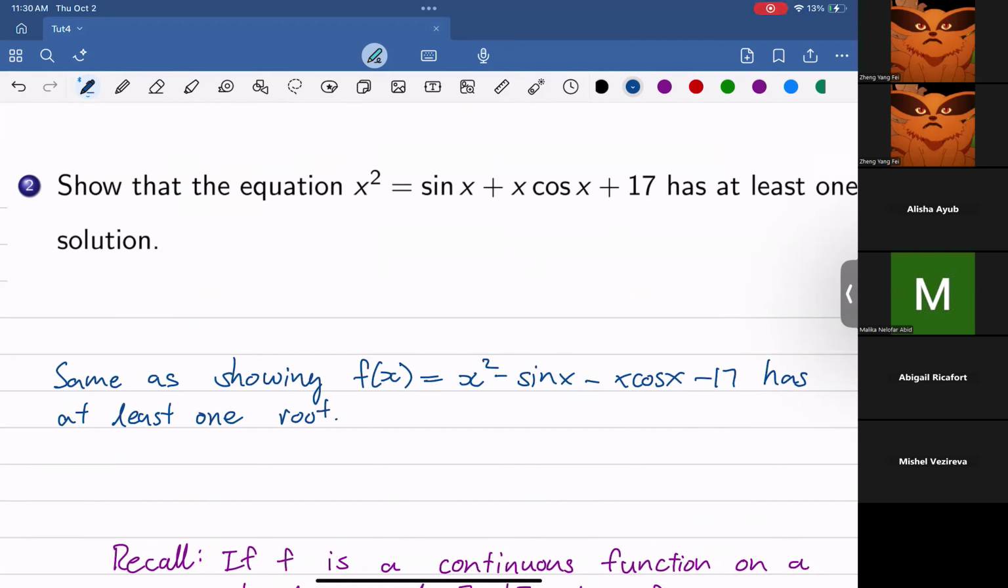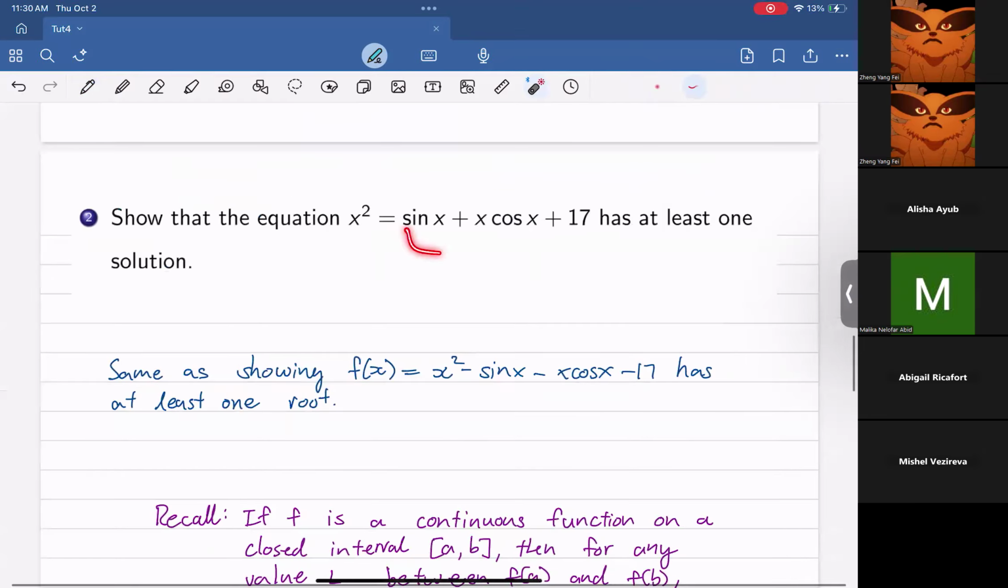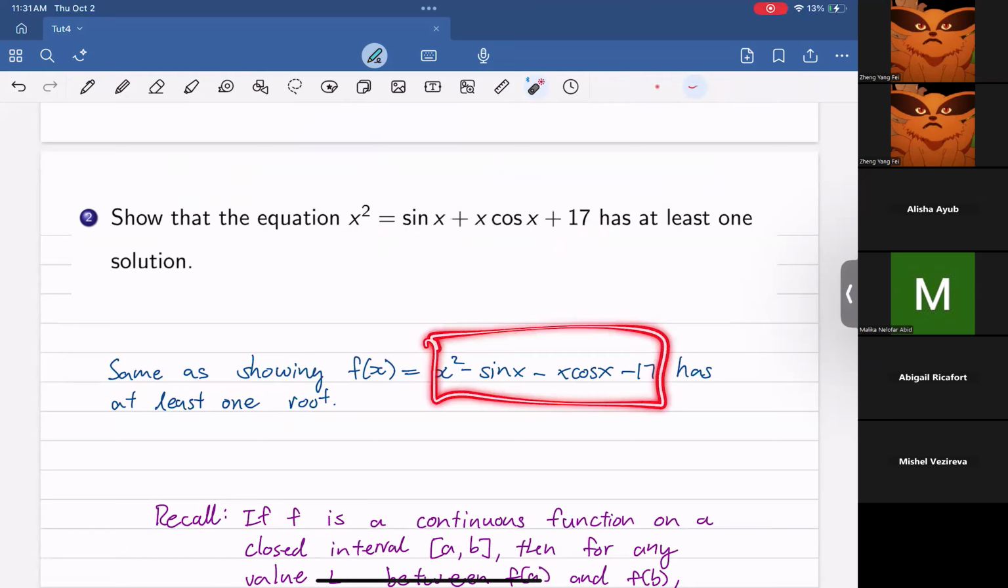Because if you just move everything to this side, you have this expression, and you want to show that this equals 0 has a solution. That's the same thing as showing that this function has roots, which is when this is equal to 0, right?